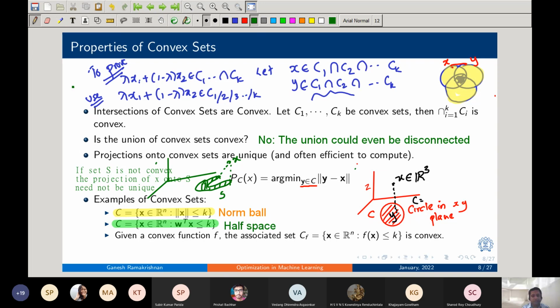Now a very interesting example is that of a sublevel set. Okay, so this is called a sublevel set, the third one. Again, it turns out that that is also a convex set. Now I'm going to leave all these proofs as homework for you, so you can try and prove them. Some of them I'll try and provide.